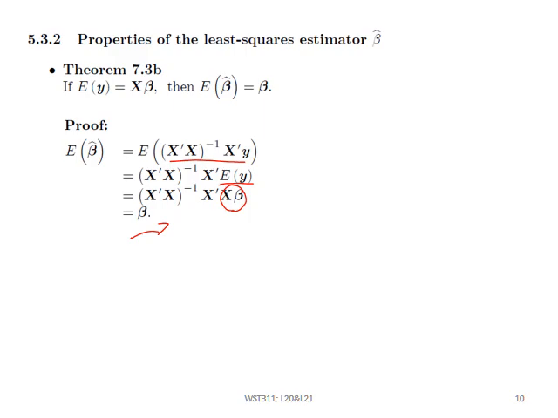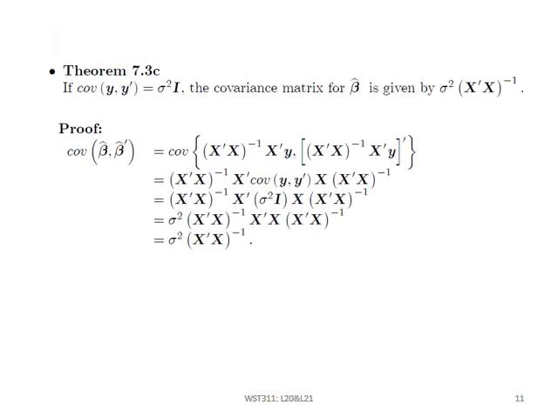This implies that beta hat is an unbiased estimator for beta. Please consider the proof of the covariance of beta hat, and that the covariance of beta hat is given by sigma square (X prime X) inverse.